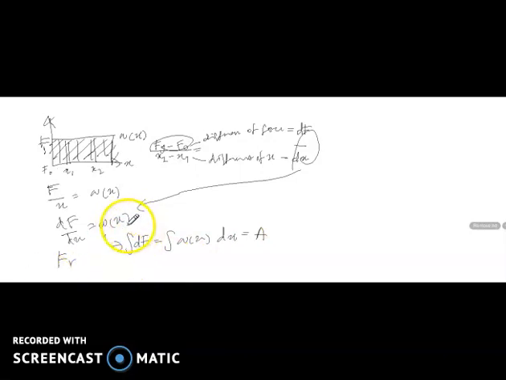One more thing, please remember that the function wx here is actually equal to force over x, so the unit of wx is Newton over meter.